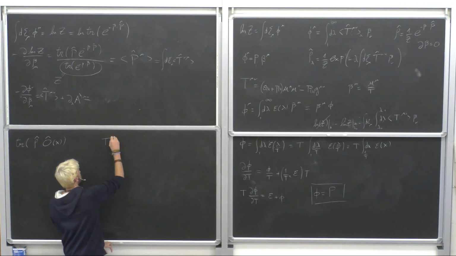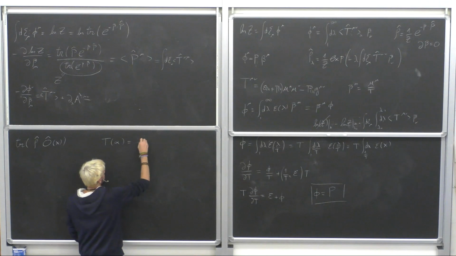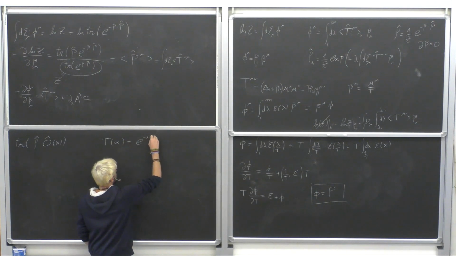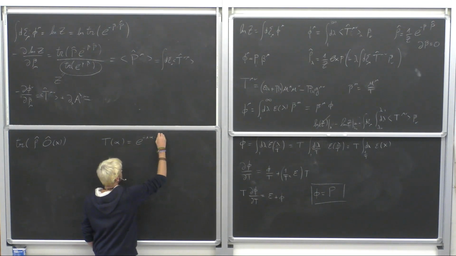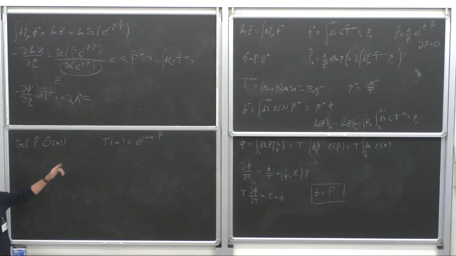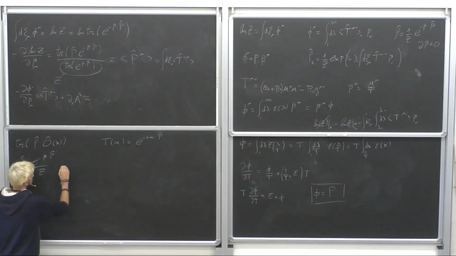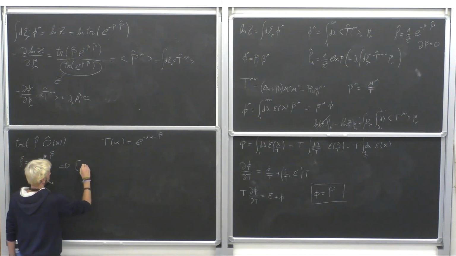So a translation of a vector alpha, let's say, is given by this kind of operator, minus i alpha, where alpha is some vector, times p. But now, since we are in this simple case of a constant temperature, we have that rho, which is again e to the minus b dot p over z, is such that it commutes with the translation operator.